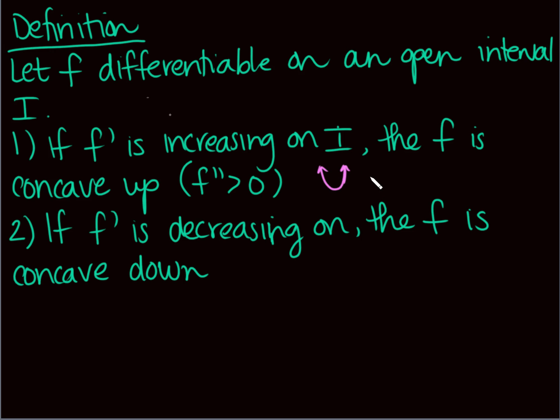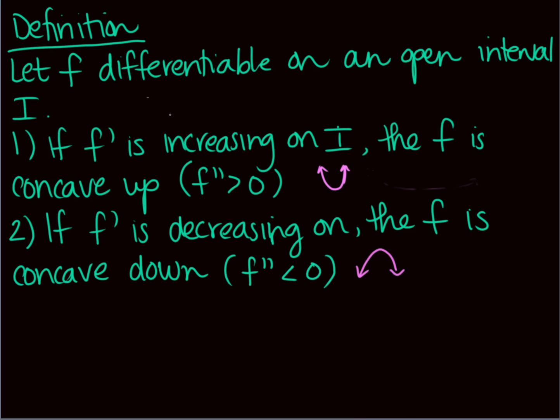Sometimes you can have real gentle concavity. So concave down, and what is concave down? That's where my second derivative is less than 0. So concave down has this kind of idea to it.